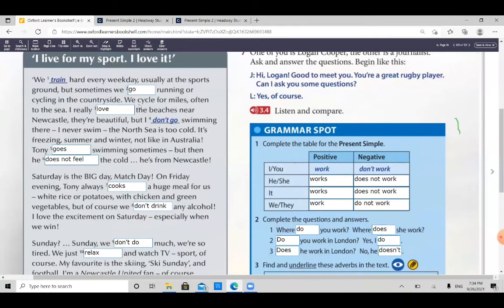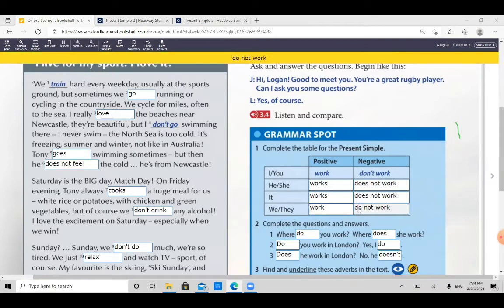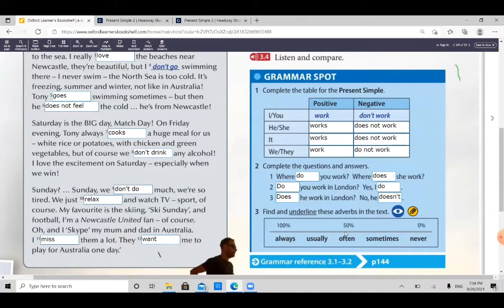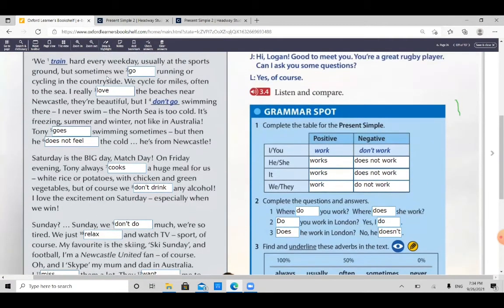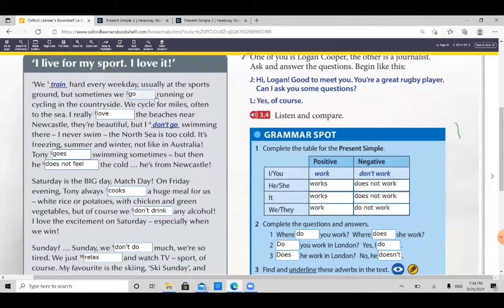So they do this activity a lot. It means they repeat the action often. But sometimes is less than 50%. So with sometimes, go running, they go running a little, not too much, but they usually play sports. This is regular, but not running. So they play sport, but not running that much.